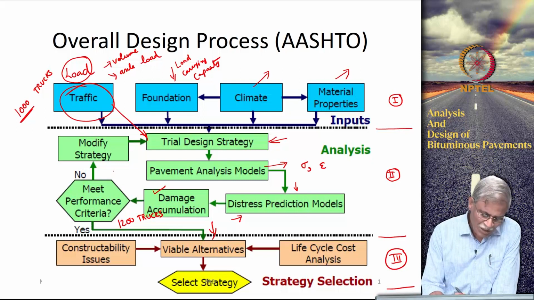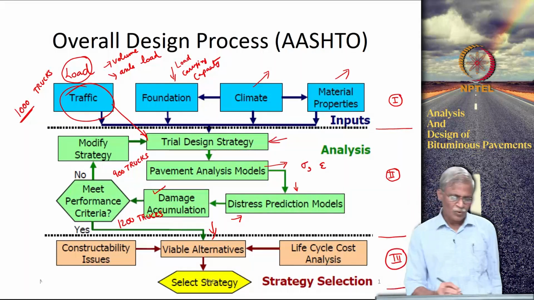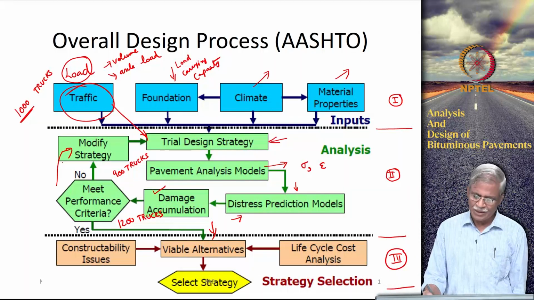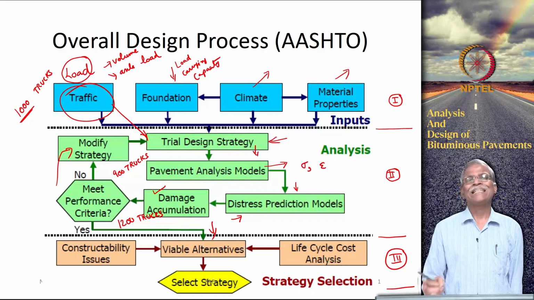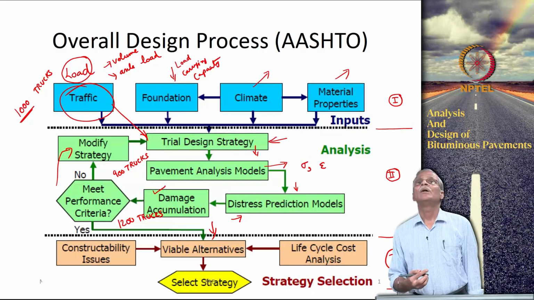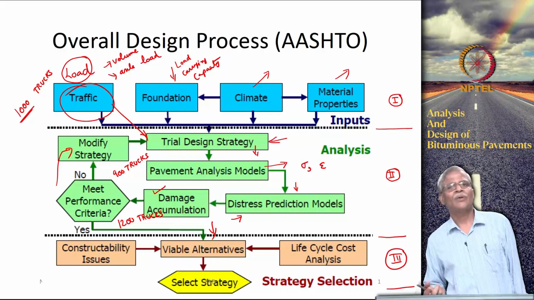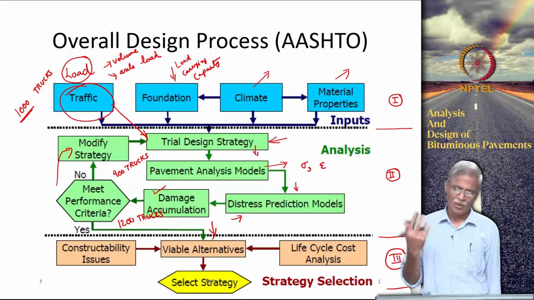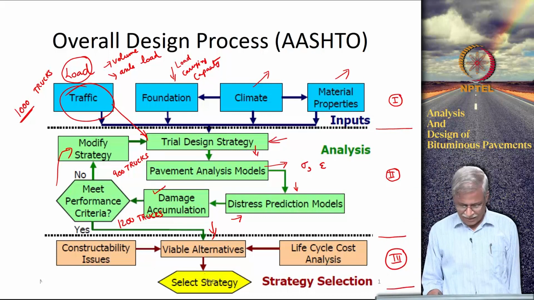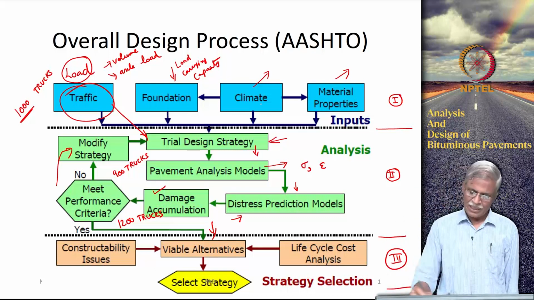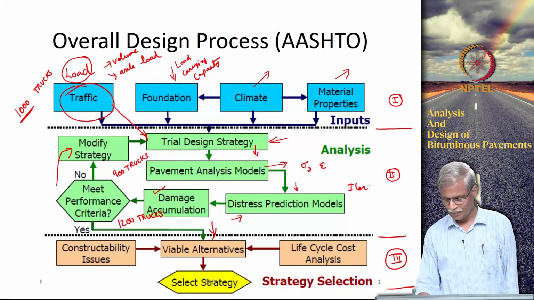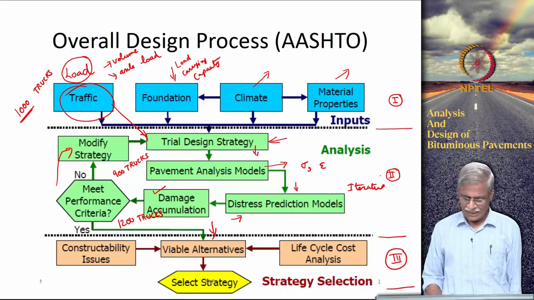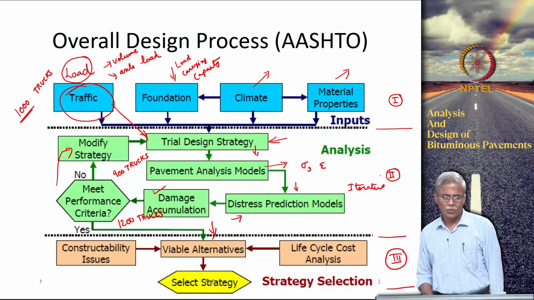But let us say you find out that this cross section can actually take only 900 trucks, then you modify the strategy. You probably increase the thickness or you increase the modulus value of the constituent layer by using, let us say, polymer modified bitumen or anything like that, and then you come to the next stage. So, this is an iterative process, as can be seen.